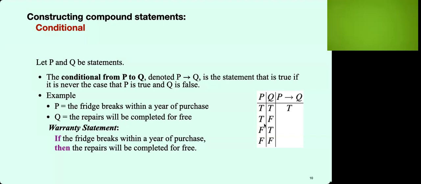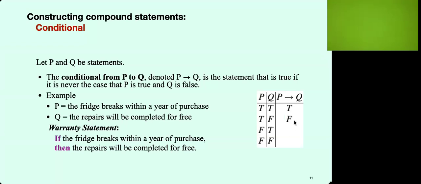In the second row of the truth table, we have that the P component statement is true, meaning that the fridge does break within a year of purchase. But the Q statement is false, meaning the repairs were not free. All right, that's a clear example of the warranty statement being false. It isn't true that if the fridge breaks, then the repairs are free, because the fridge broke and the repairs were not free, as indicated by the statement Q being false.